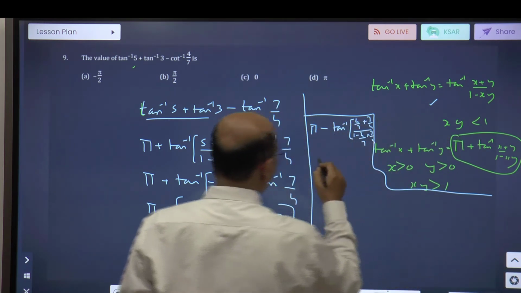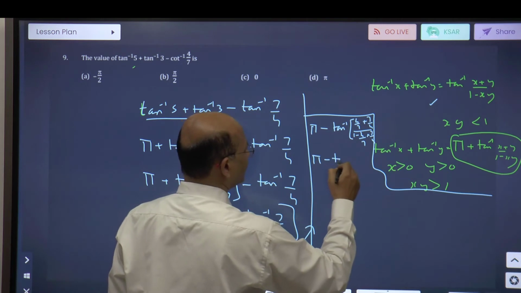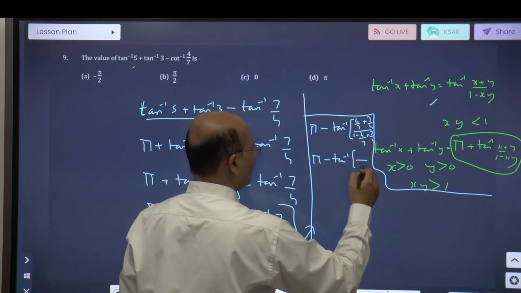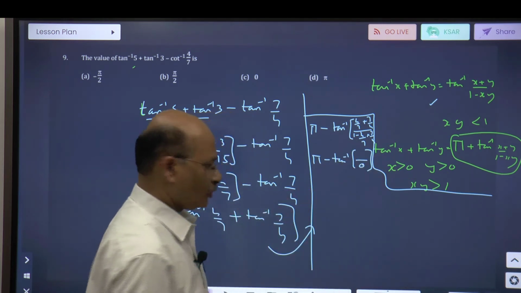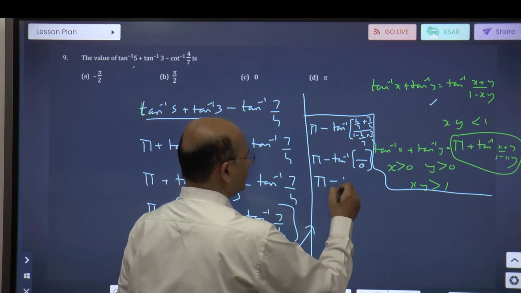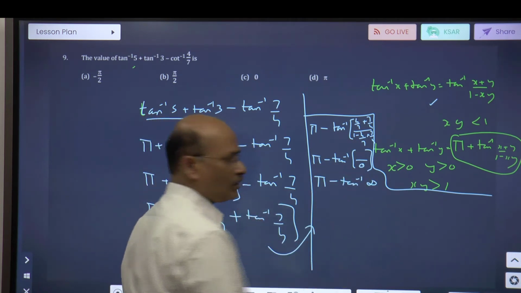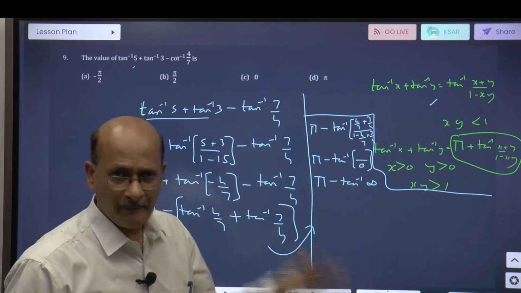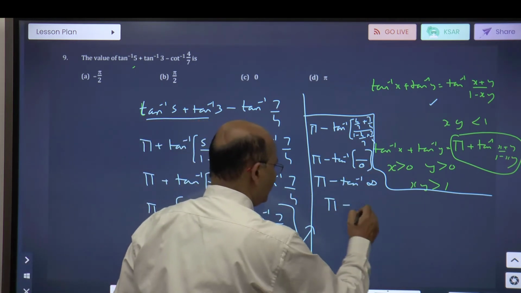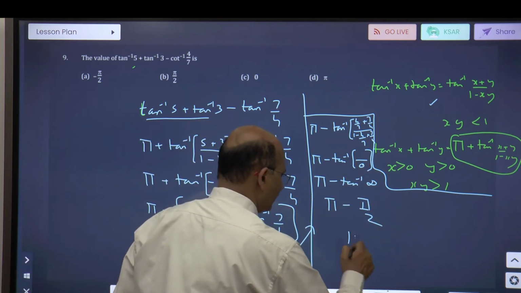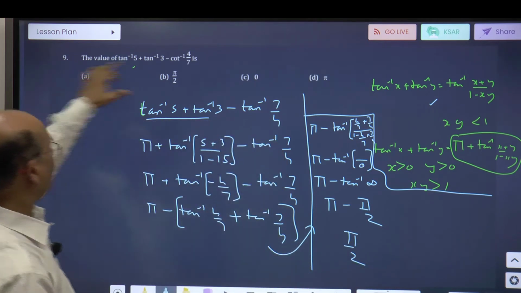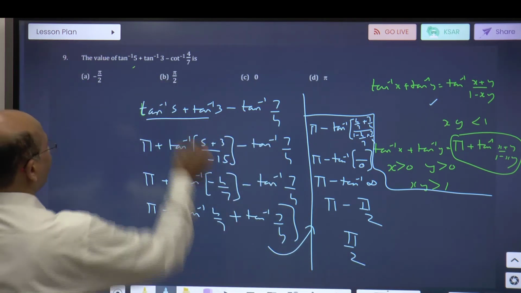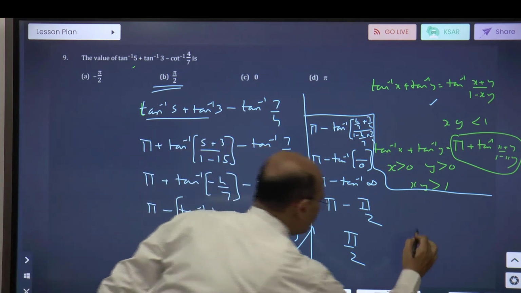So this will become pi minus tan inverse of something upon 0. So this is nothing but pi minus tan inverse infinity. Whose value of tan is infinity? Pi by 2. So pi minus pi by 2 is nothing but pi by 2. So that's the simplification. You are getting the answer here, B. So B is the option.